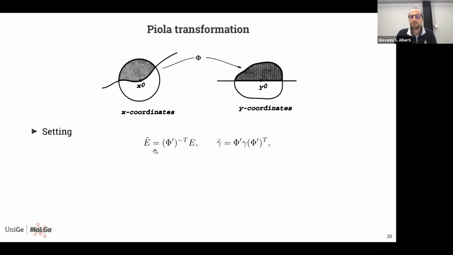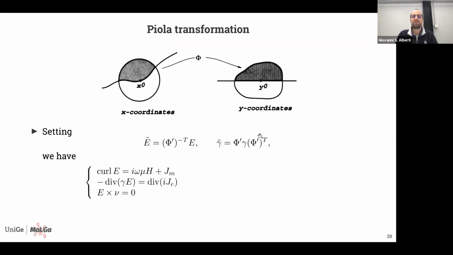Anyway, you understand that if you do this change of coordinates, the new coefficients gamma tilde and the new field E tilde will obey the following relationships with the derivative of phi. And with these new objects, the old PDE, this is the original one, is transformed into this new PDE here. So basically these transformed quantities satisfy the new PDE in the new domain here.